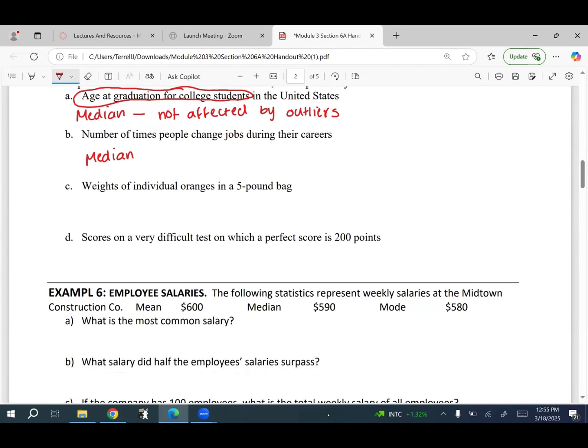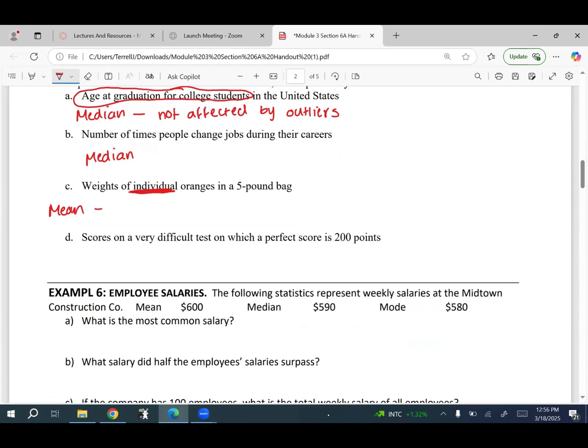Weights of individual oranges in a 5-pound bag. So when we're looking for individual values, we care about the individual weight of an orange. The only measure of center that considers all values is the mean.